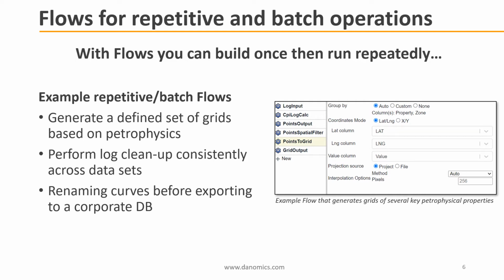You want to then generate that same set of grids for the same set of zones. You can just hit the run button, and your flow will execute on that and generate that set. It may take a little bit of extra time to set up, but on the flip side, it saves you a lot of time as you start doing it more and more often.